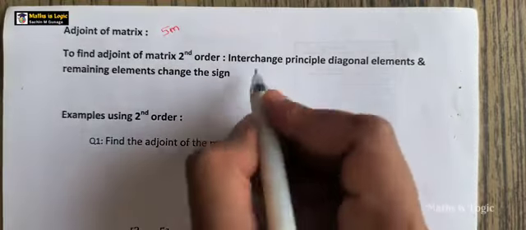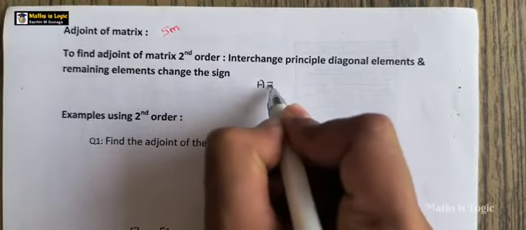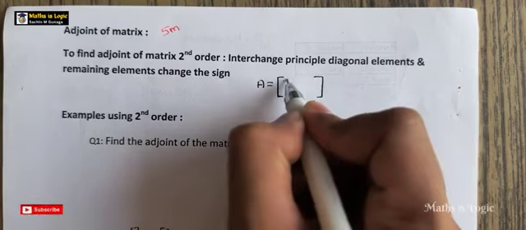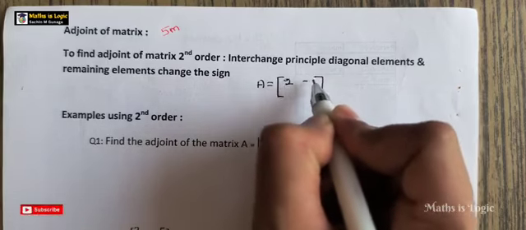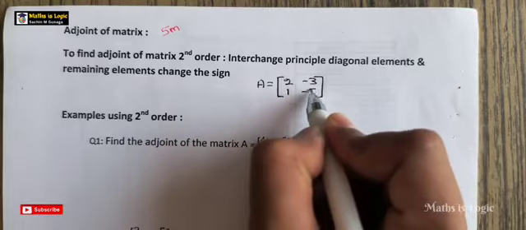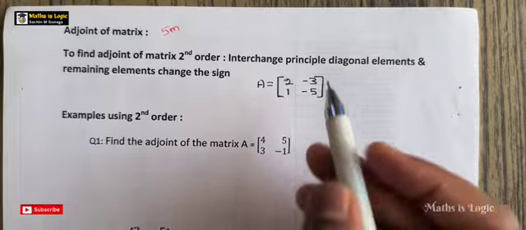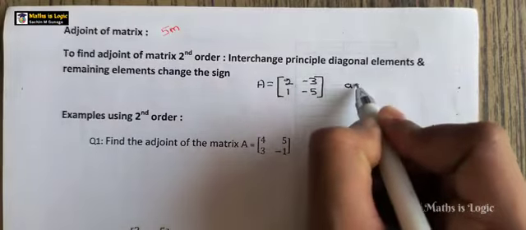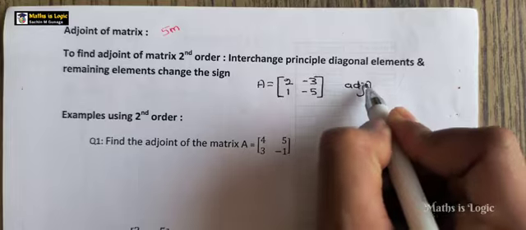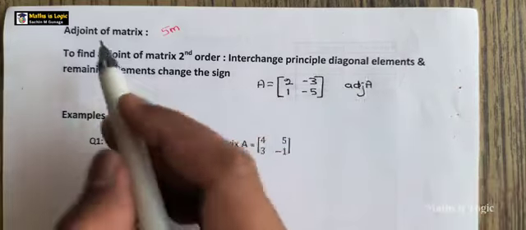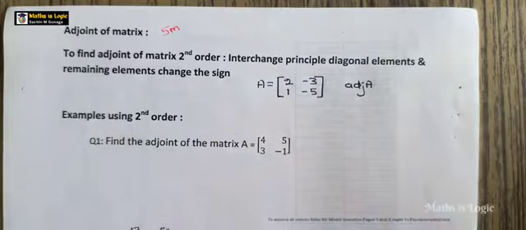See what we need to do. Suppose here one example I will consider. A is equals to 2 minus 3, 1 minus 5. Now we need to find adjoint of matrix. So this is the short form. ADJ of A means adjoint of matrix.